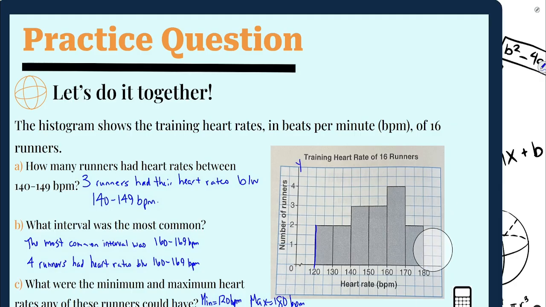The other thing that we can say is, because our information has been between 100 to 129, and then it's 130 to 139, 140 to 149, it is safe to say that our maximum is 179 beats per minute. There's nothing over, so you can have it as 179 beats per minute.